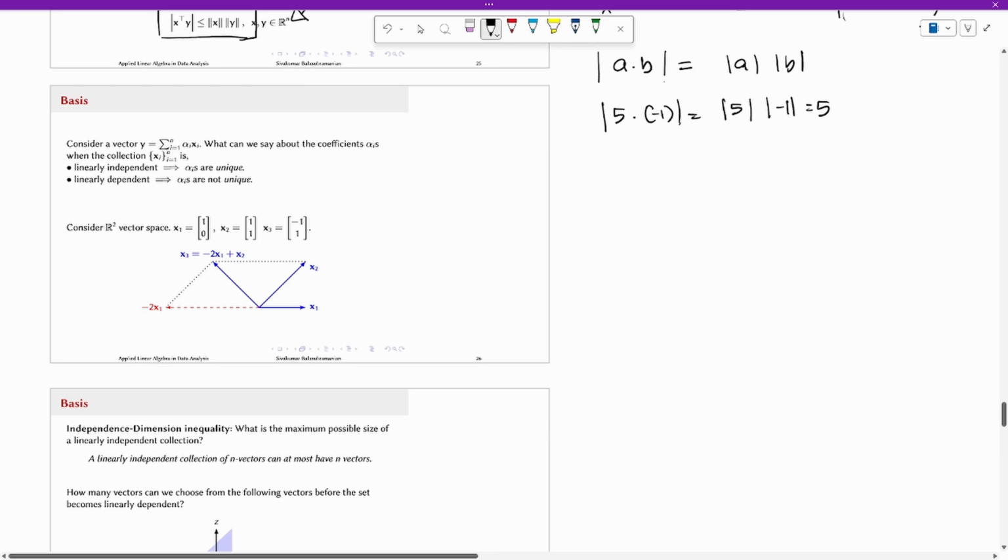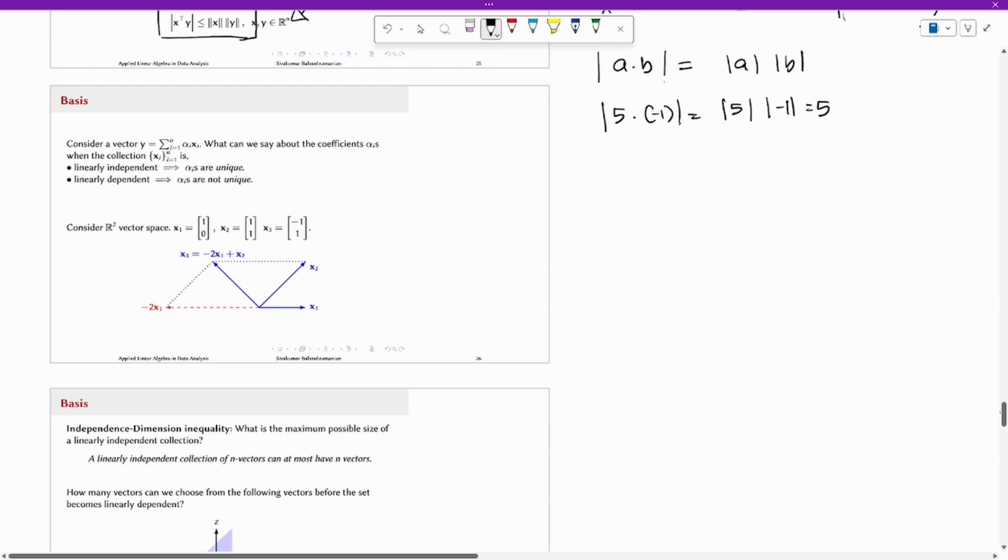this is something you should know already. The definition you should definitely know, because if you don't, it's going to be trouble going forward, because our discussion on bases relies heavily on linear independence and span.